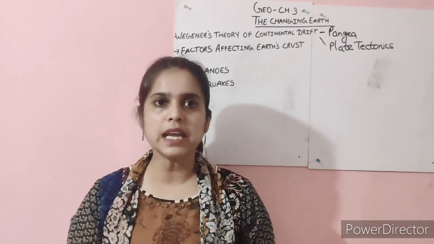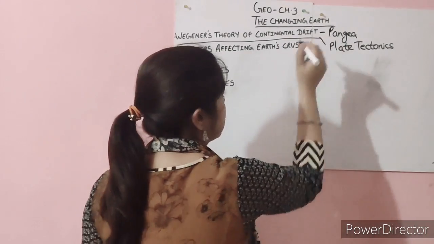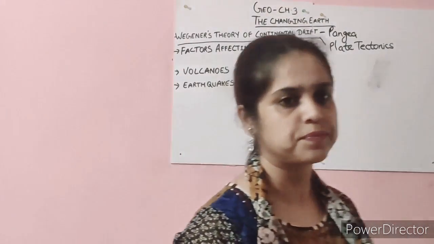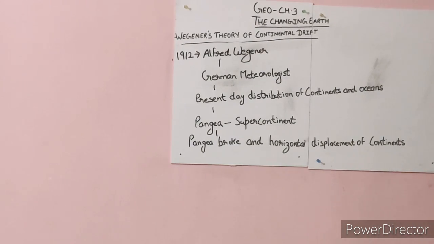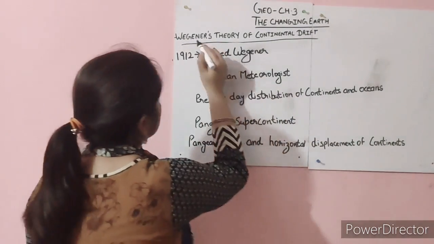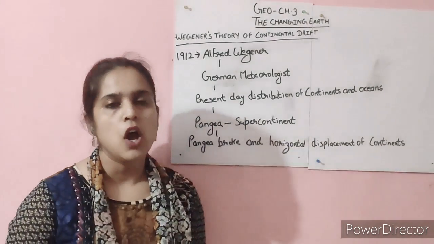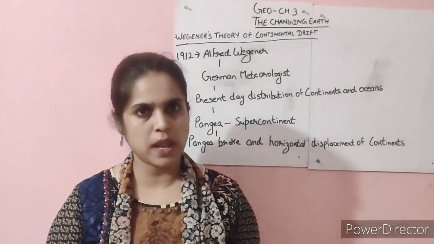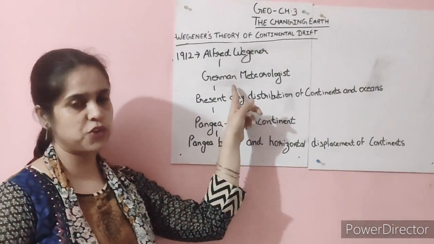So shall we start the lesson? Okay. So firstly, we will discuss about Wegener's theory of continental drift. In 1912, Alfred Wegener was a German meteorologist.